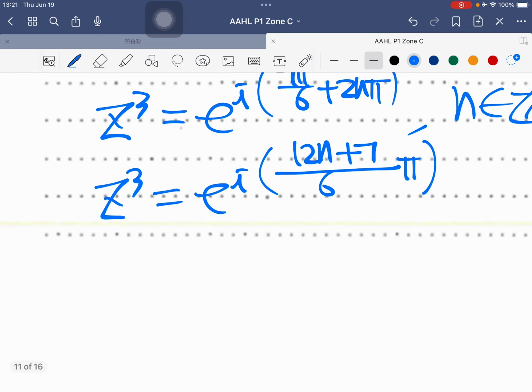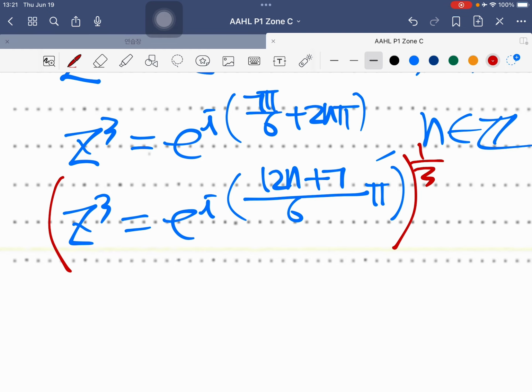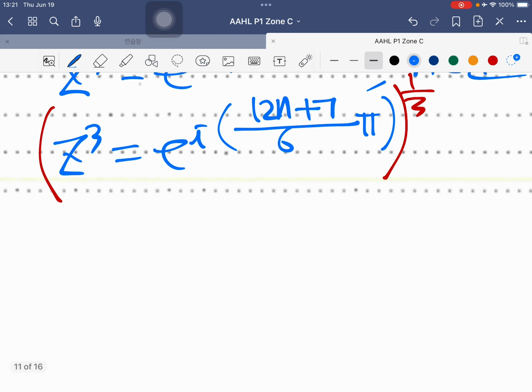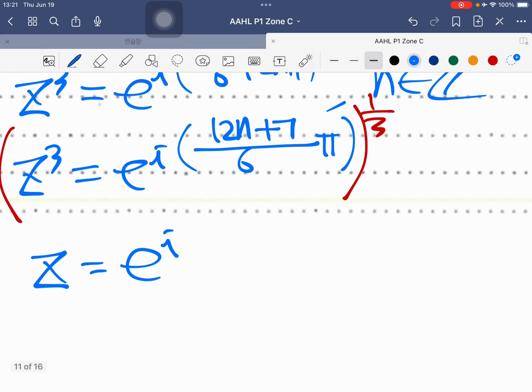From now on, at this moment, we can put the power 1 over 3 on both sides, left and right hand side. Left hand side we got z, and the right hand side e to the i of (12n plus 7) over 6 times 3, which is 18, pi.